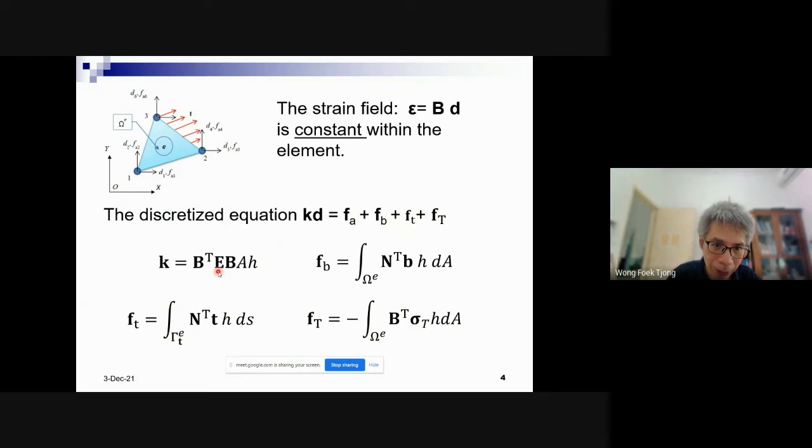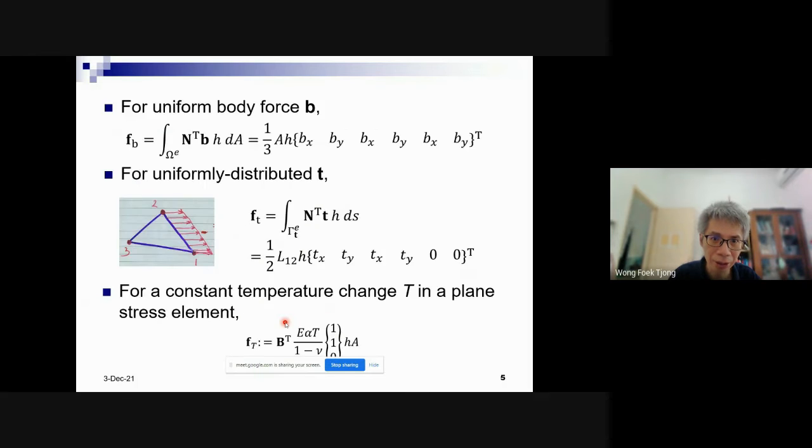Also E depends on whether it is plane stress or plane strain. So this is the main formula for the discretized equations, the main results. The details are here.